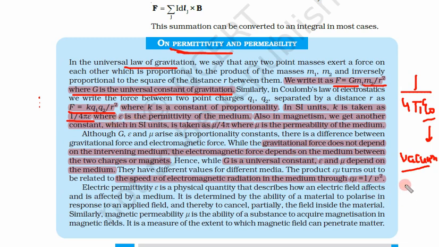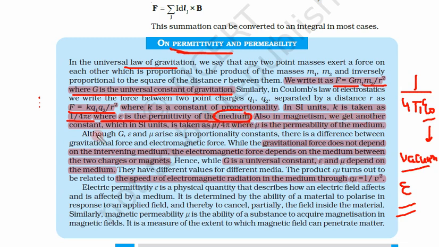If instead of vacuum we are in a medium, this will change to ε, where ε is the permittivity of the medium or the material. Medium or material is the same thing.